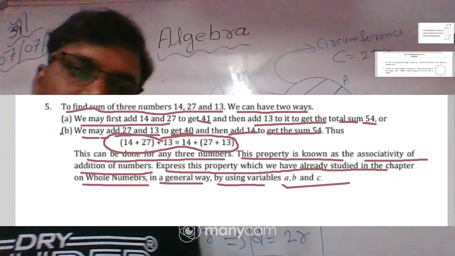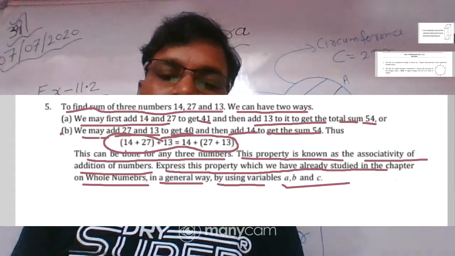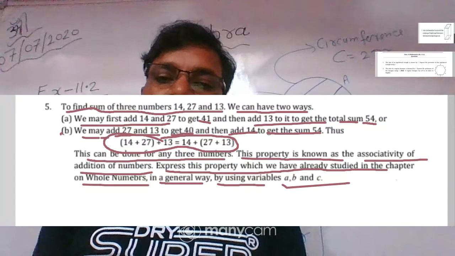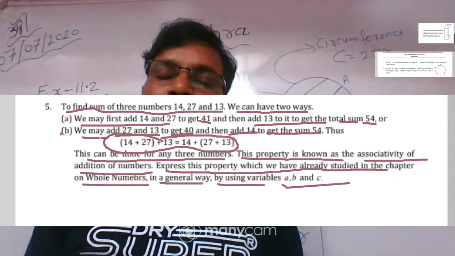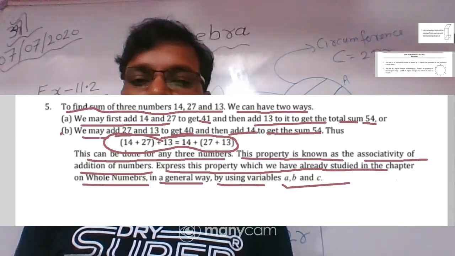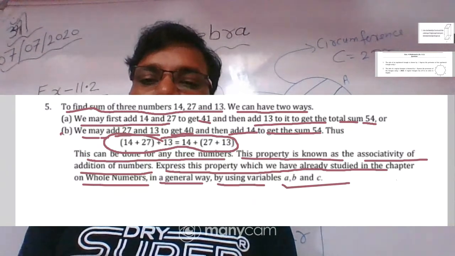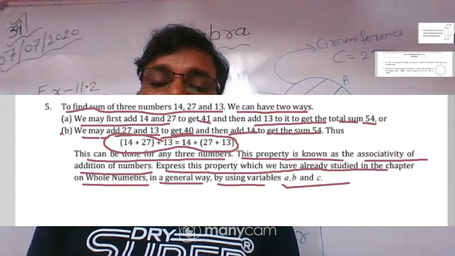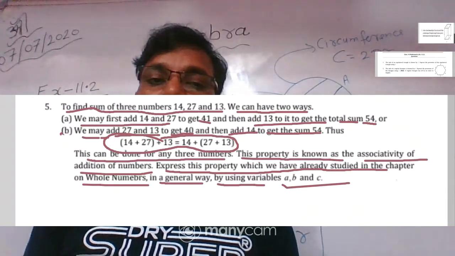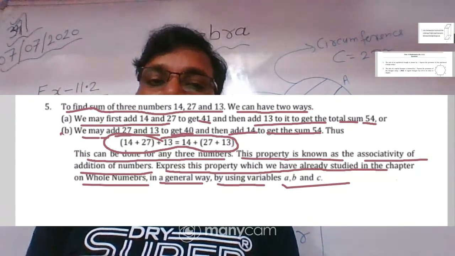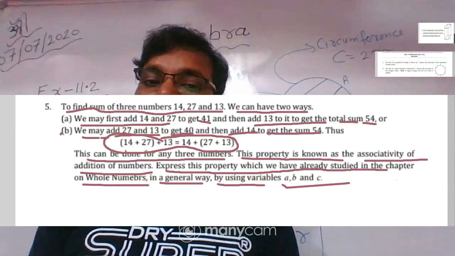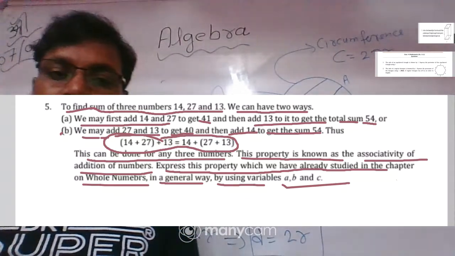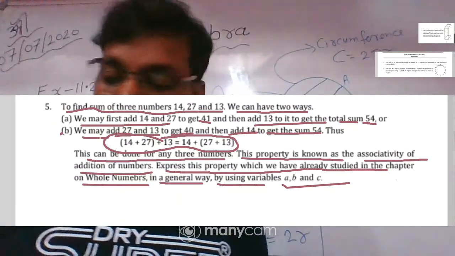If you take three variables a, b, c, you can write the associativity of addition as (a plus b) plus c is equal to a plus (b plus c). Okay, so let's see how we can solve it.